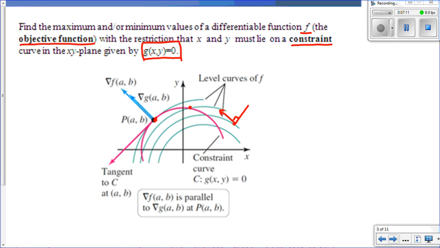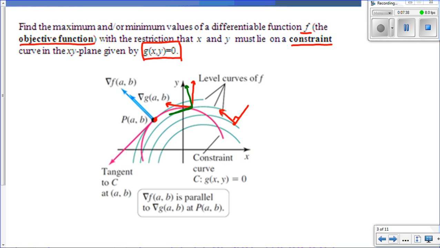So at this point, here's our tangent vector and here's our gradient. That's the gradient of the constraint. Now, at that same point, we're also on a level curve. What does the gradient of that level curve look like? Well, the level curve here, this is the tangent vector for it, and the gradient would be here.